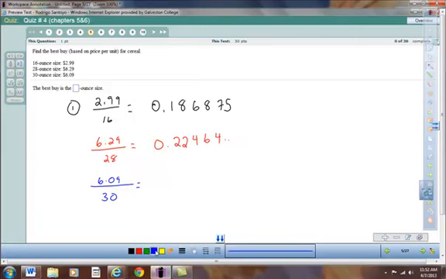Now we do $6.09 divided by 30, which gives us a solution of 0.203. So remember, in order to find the smallest, we just compare numbers. These first ones are all 0, so we go to the next one. This is a 1, that's a 2, and that's a 2. Because this is a 1, that's a smaller one, which means this will be my smallest one, which was 16 ounces. The solution in there would be just 16.